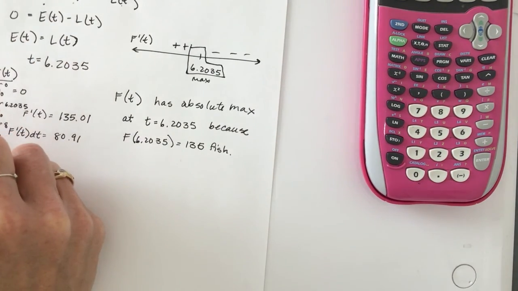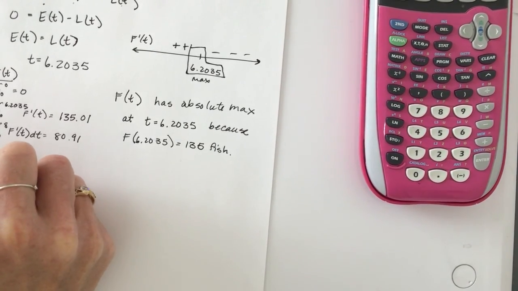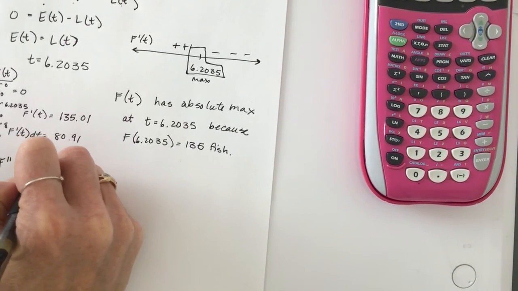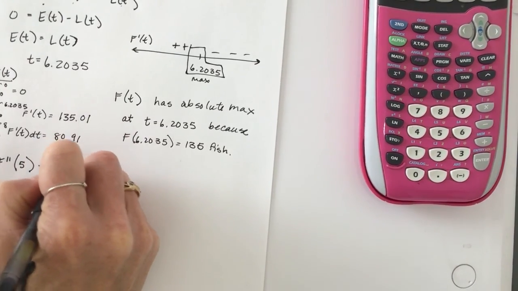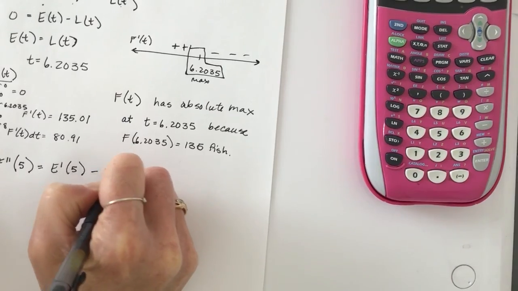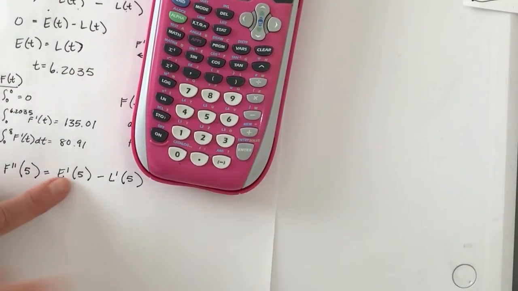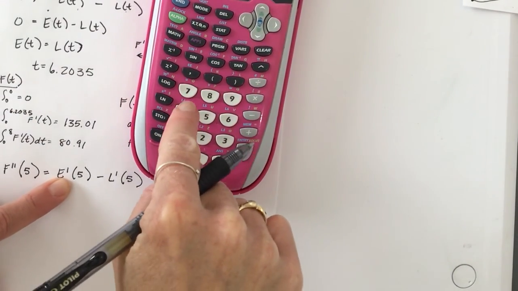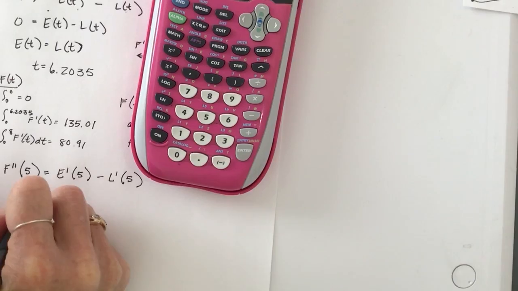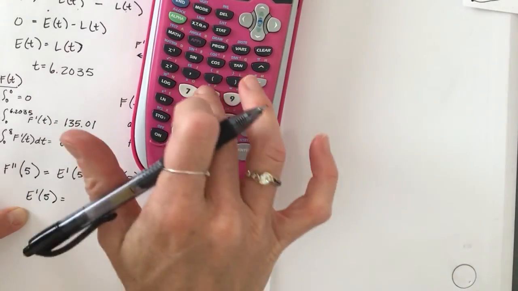Okay, so let's do f double prime at 5 would equal e prime at 5 minus L prime at 5. Okay, can we do that? I think we can. So we can do e prime at 5, which is the derivative, math 8.